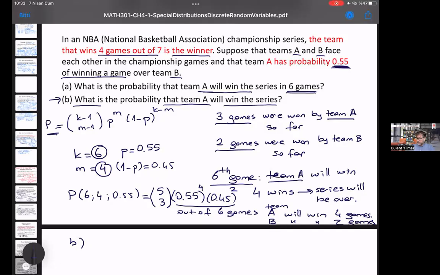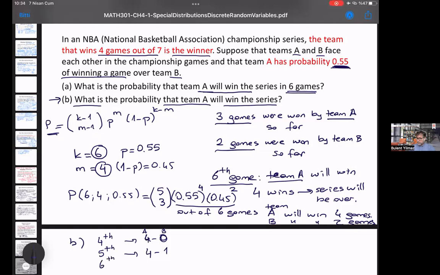They will win either in the 4th game, 4-0, right? So there will be 4-0. Team A will win 4 times. Team B will win 0 times. I can win it in the 5th game, where team A will win 4 times and team B will win 1 time.